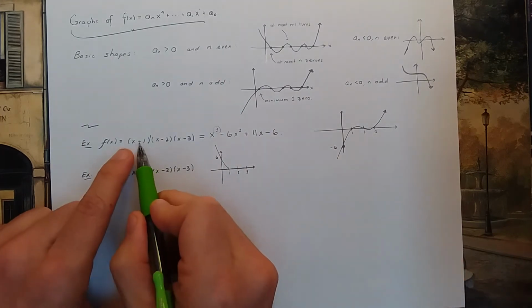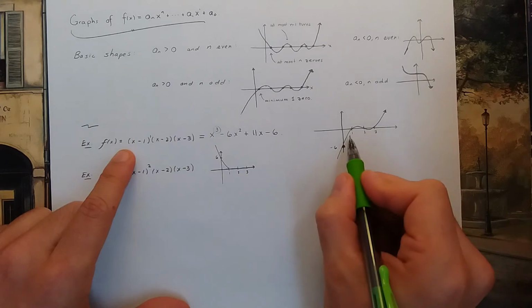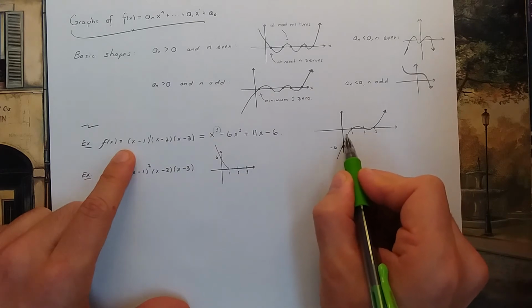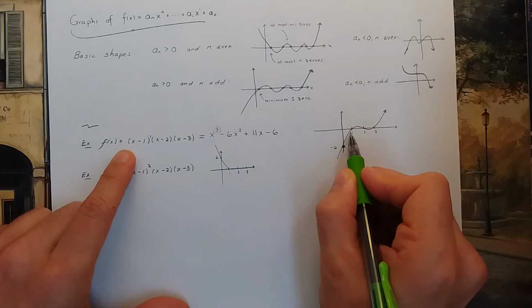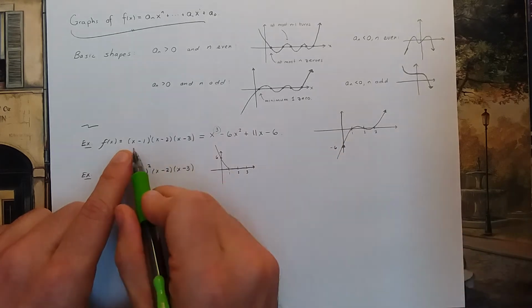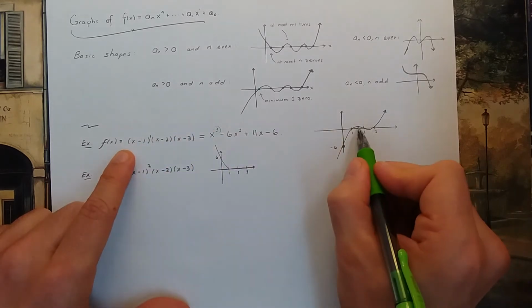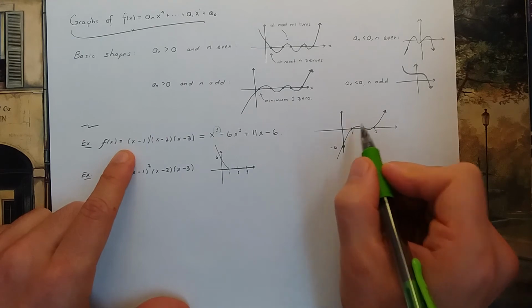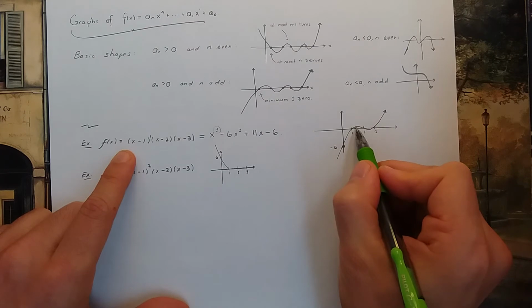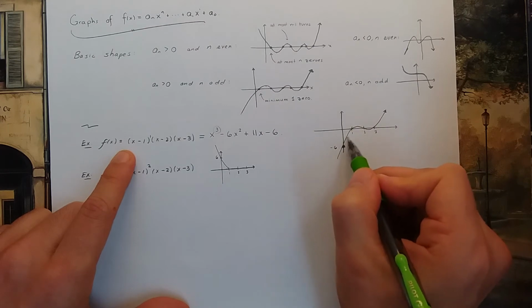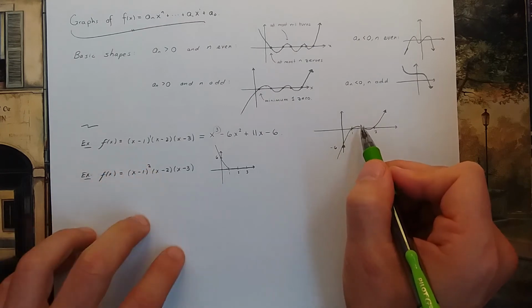In the previous situation, if I plugged in a number a little bit smaller than 1, like 0.9, I would get a negative result. If I plugged in a number a little bit to the right of 1, like 1.1, I'd get a positive number. So it's negative on this side, positive on this side.